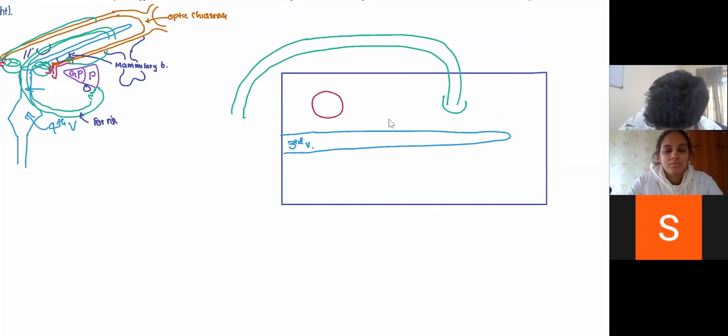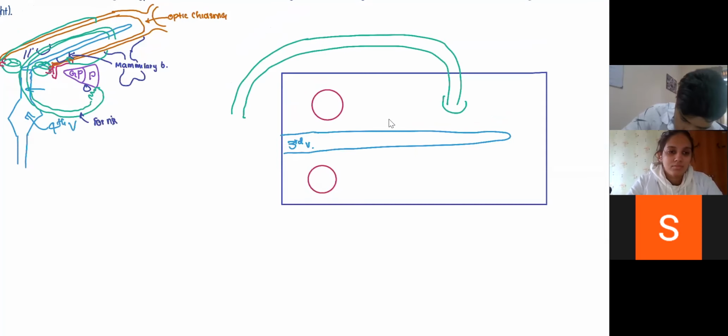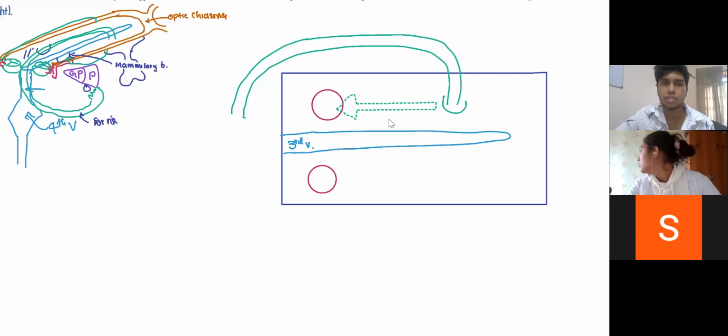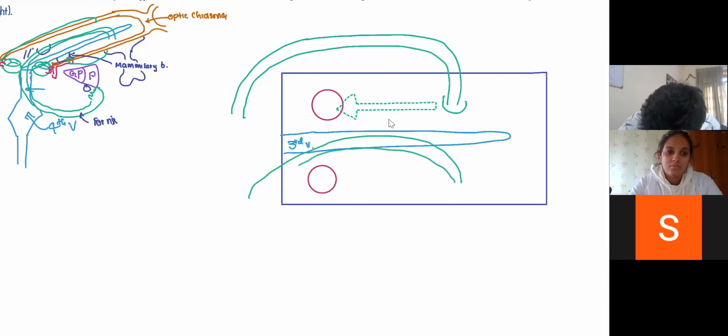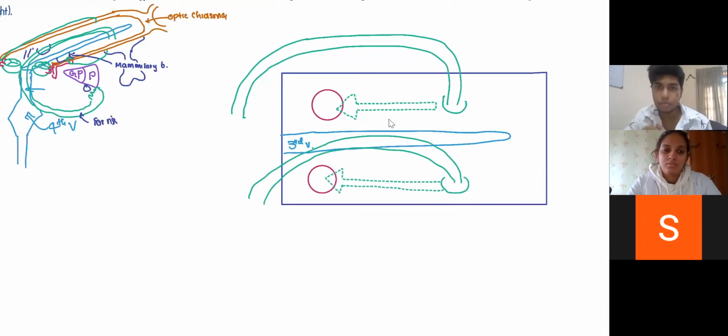I hope you know that the mammillary body is below, so I'm going to draw dotted lines to show the fibers going there. The fibers will enter the mammillary bodies. Same situation on the other side: this coming in like this and piercing the hypothalamus and sending fibers to the mammillary bodies.